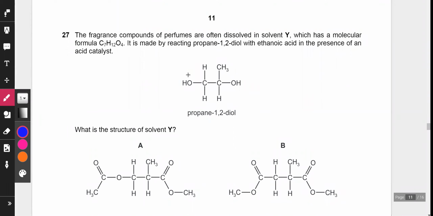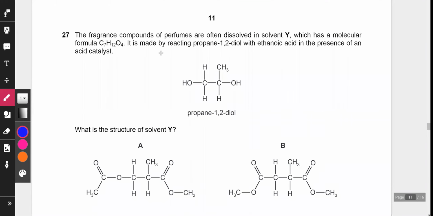The fragrance compounds in perfumes are often dissolved in solvent Y, which has the molecular formula C7H12O4.